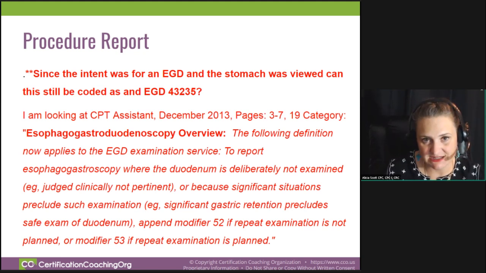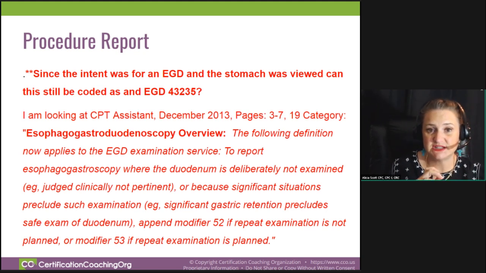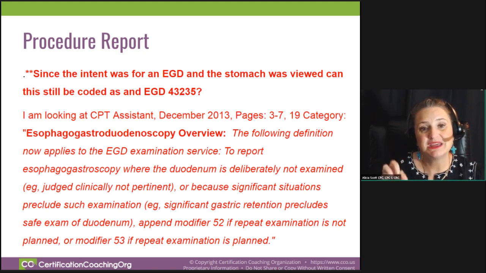What was the intent? Okay, the intent was to do a full EGD. We were stopped and weren't able to do the full view of the gastric because of gastric contents, and we weren't able to visualize the duodenum. So the intent was an EGD, we were stopped, so we append a modifier that tells the story.